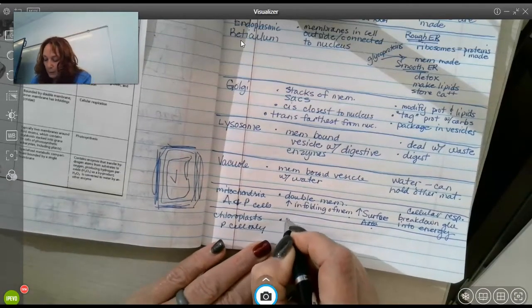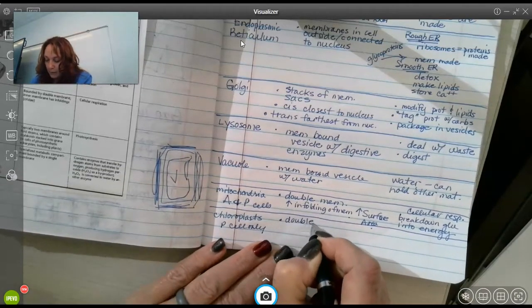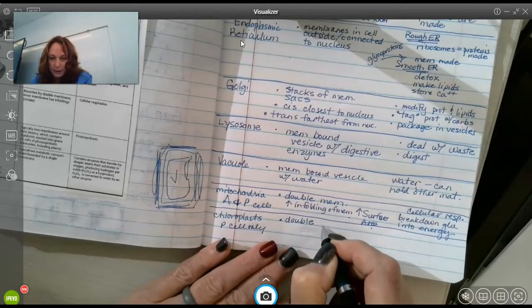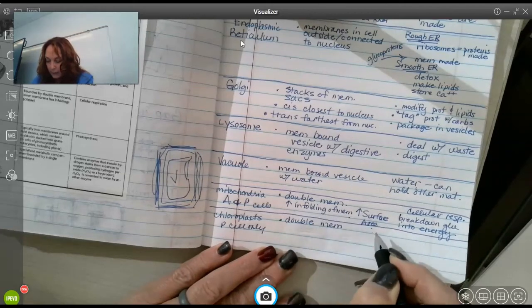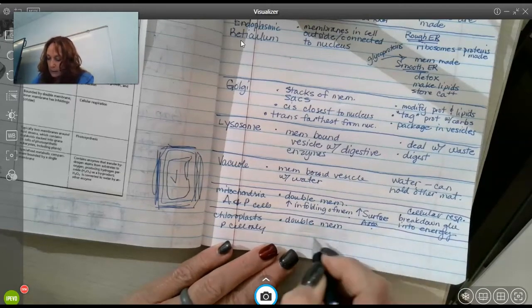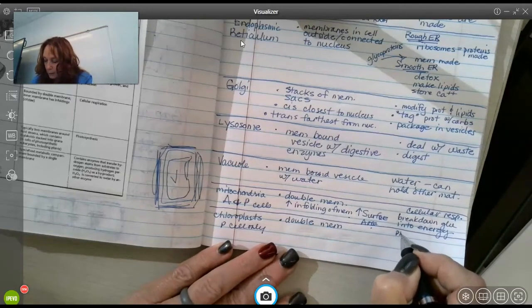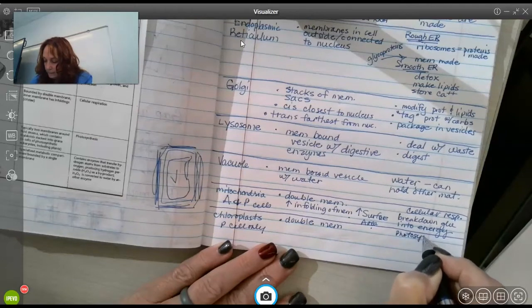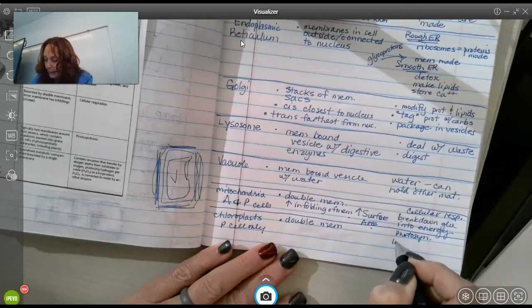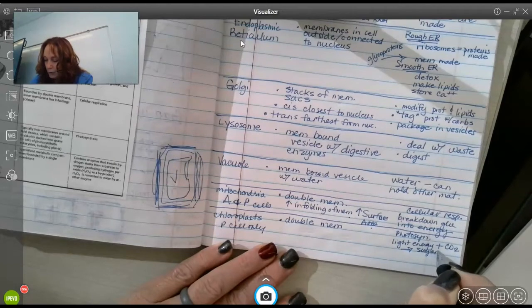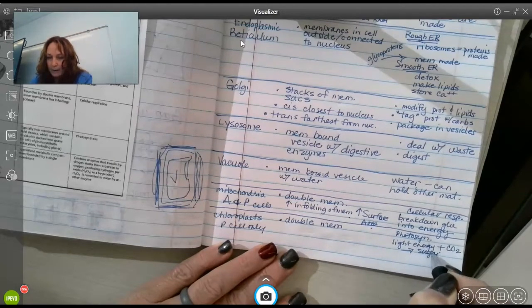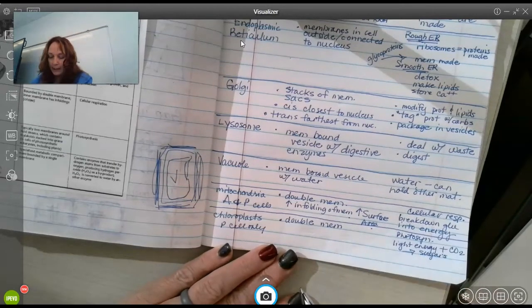They're also double membraned because of that whole endosymbiotic theory, where it was engulfed, and have a lot of infolding, and their job is photosynthesis. So they're going to take light energy and atmospheric carbon dioxide and make sugars. So the energy to bond that together comes from light.